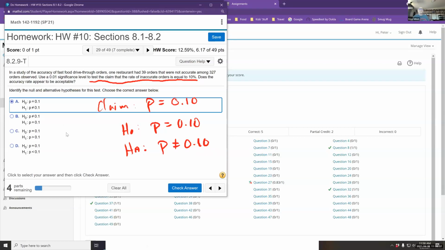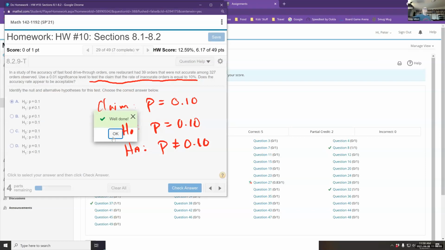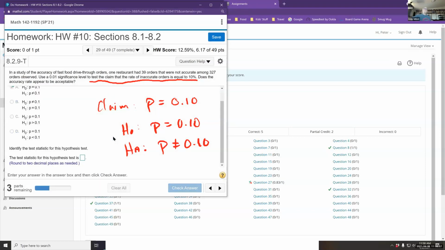Questions about how I set up the null and alternative hypothesis based on the claim? Okay, so now that we have that, as I was just illustrating in the slideshow, we would then perform the hypothesis test by taking the results of our sample and coming up with a p-value.